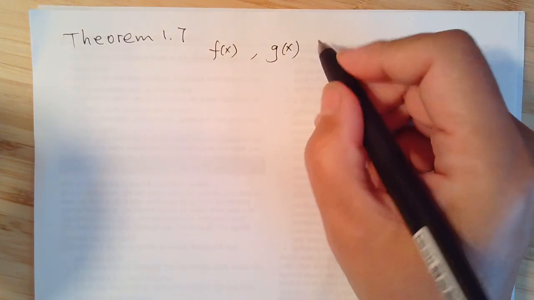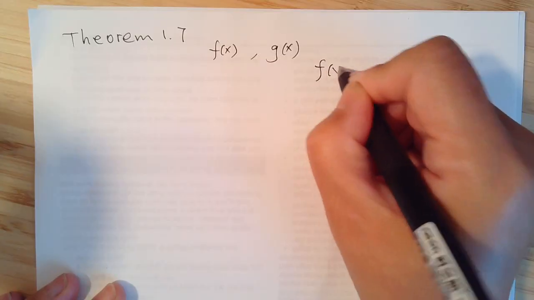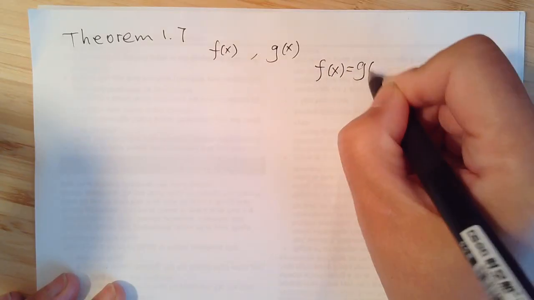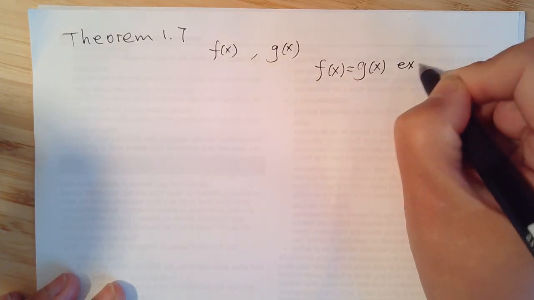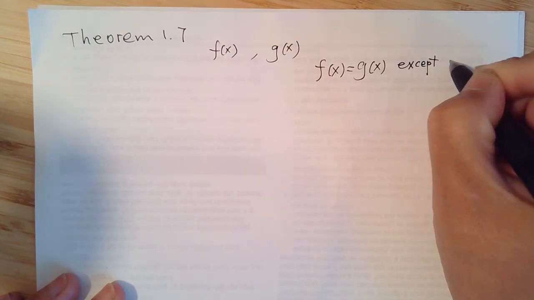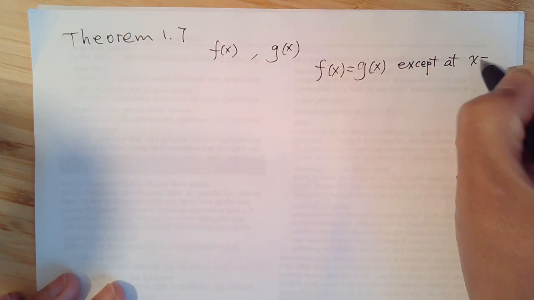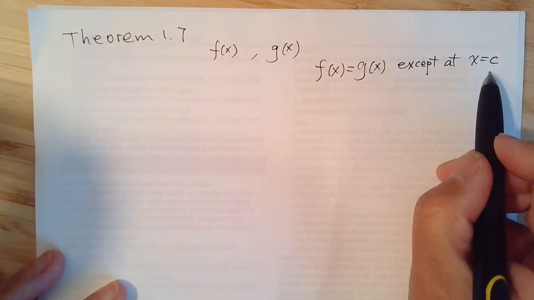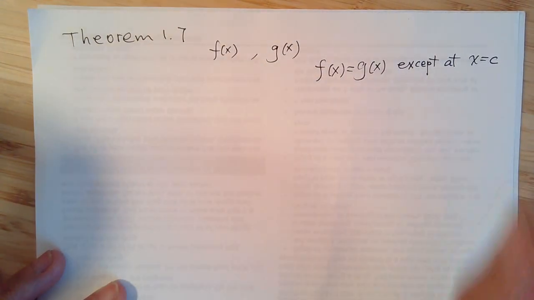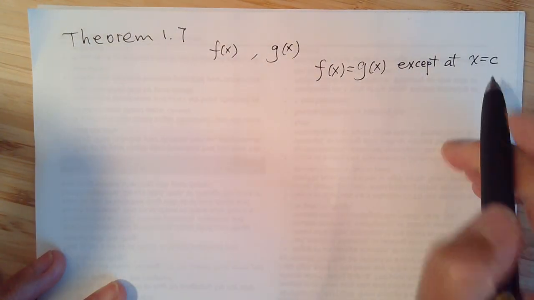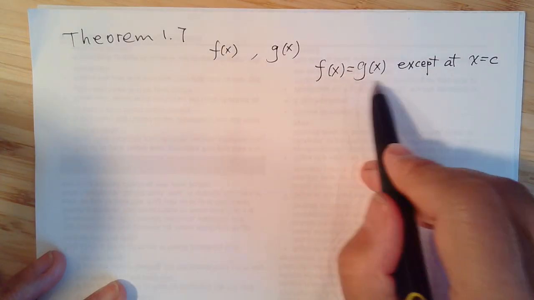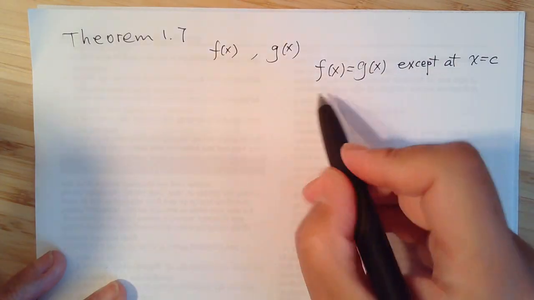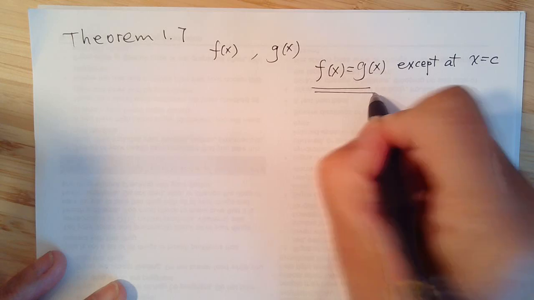These two are the same. So f of x is equal to g of x, except at x equals c. So that means only when x equals c, exactly at that point, f and g are different. Everything else, they are the same.